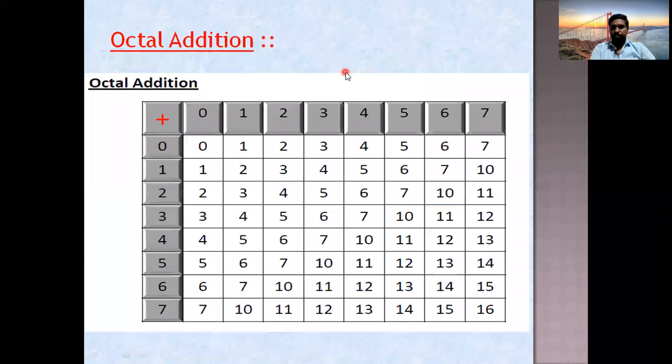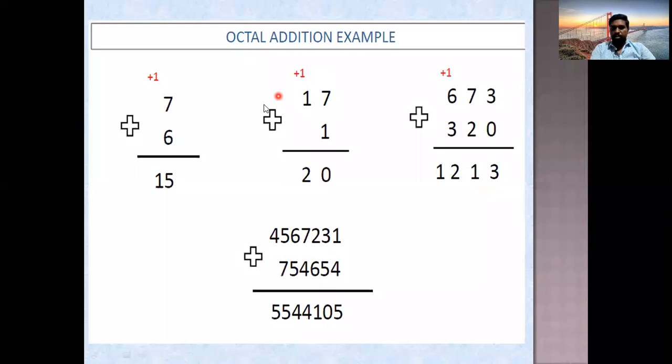Now we will see octal. How to perform addition in octal: when you add two octal numbers, first you find out the range of the octal. First you check whether the result is within the range or not. I will write the first example: 7 plus 6.